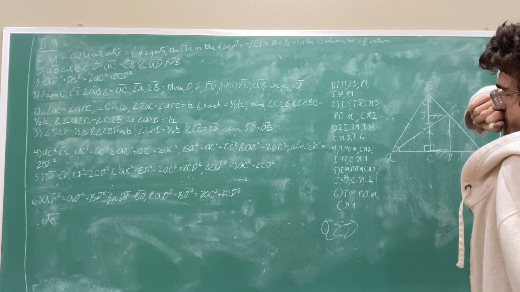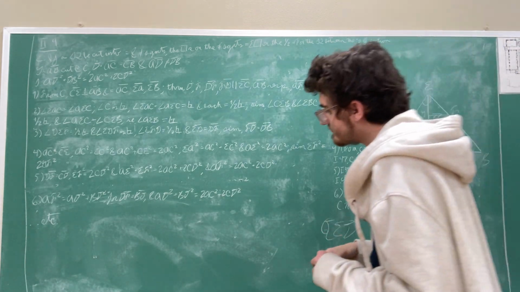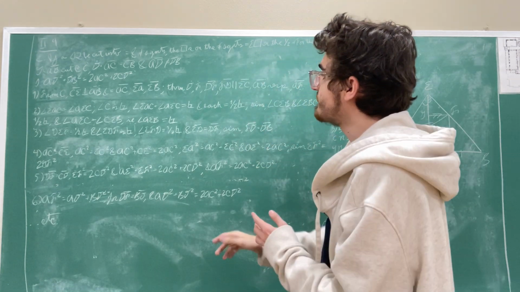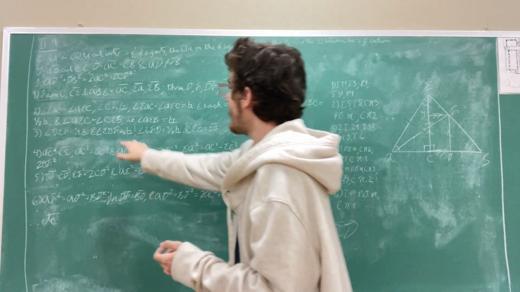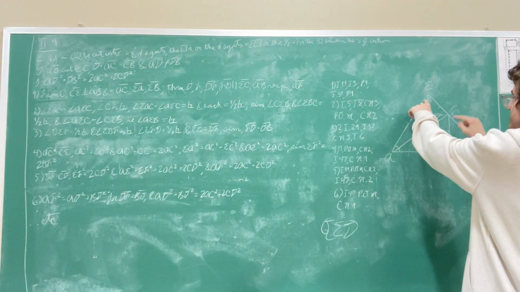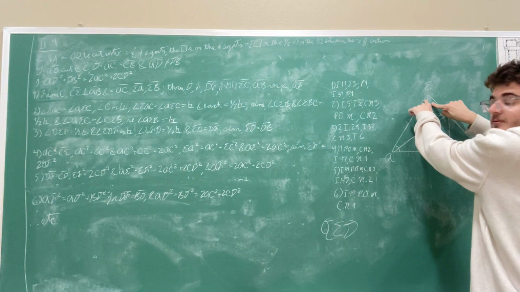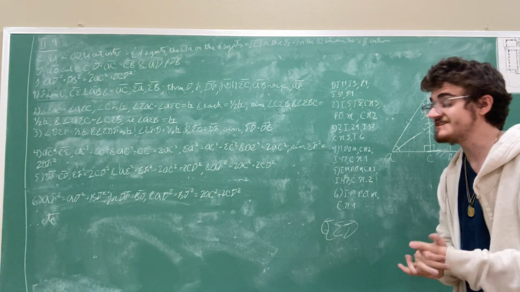And so if we add these equals to equals, the angle AEC and the angle CEB, so this angle here and that angle there, this is simply going to give us the whole angle AEB.